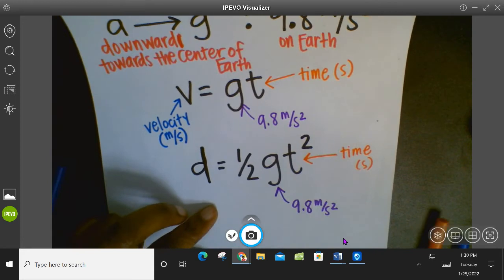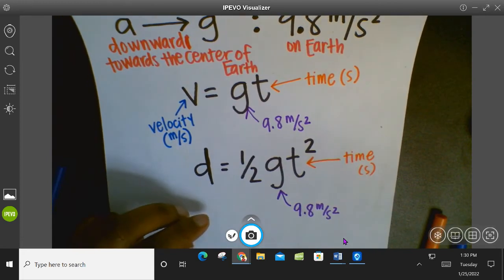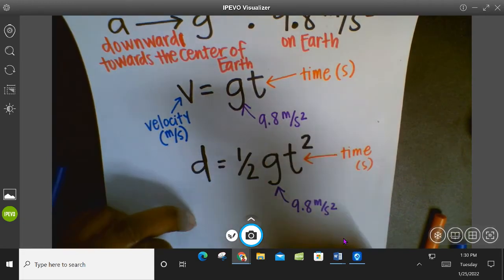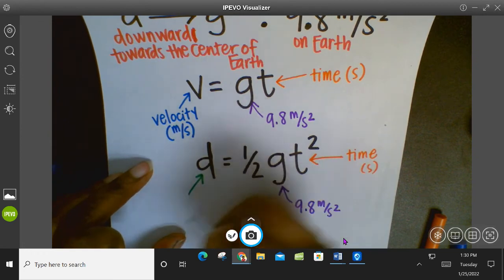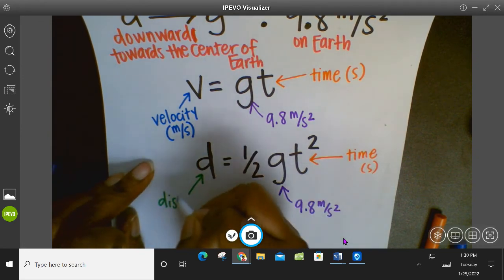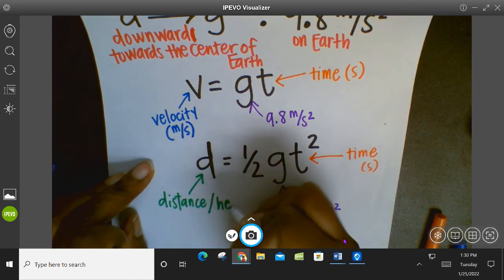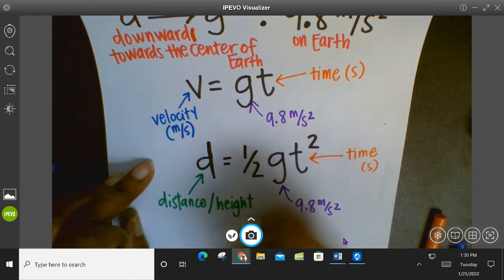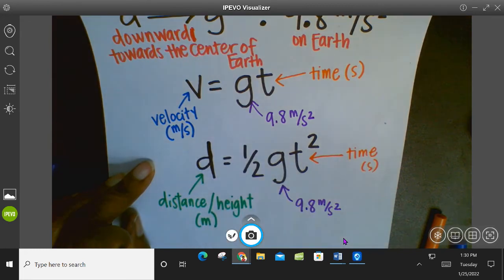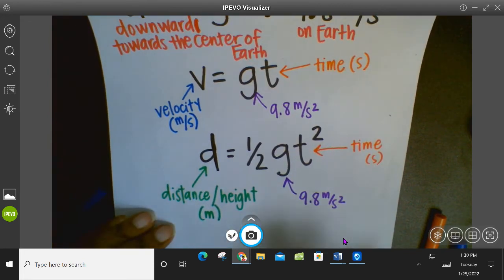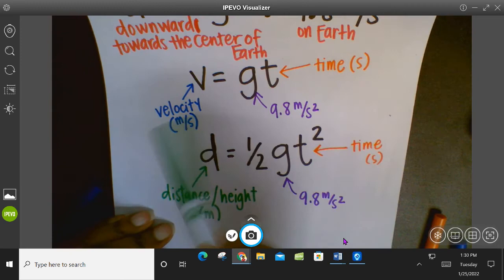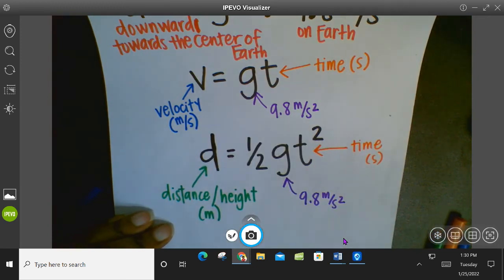And then we have one more variable to identify, and that is d for distance, or it may ask you for height, and that's going to be in meters. All right, so that would be all of our variables there.